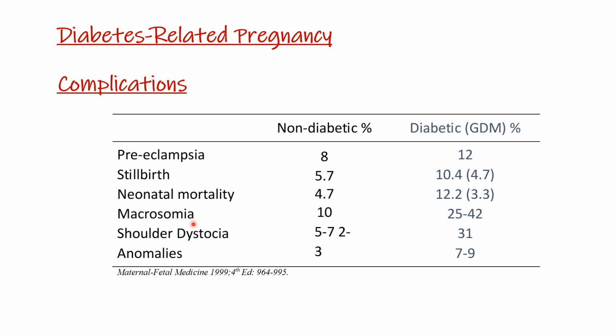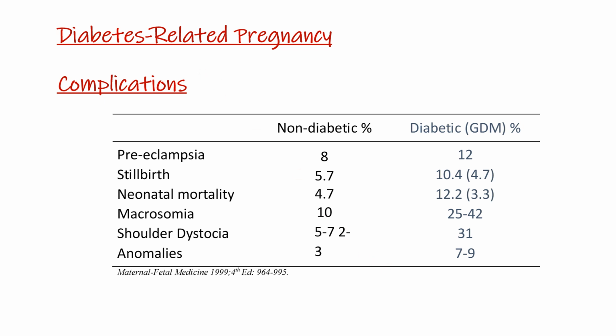So when you have hyperglycemia, it is distributed through the placenta into the fetus, meaning this fetus will grow and produce more insulin, which produces fats, meaning we'll have a big baby. Shoulder dystocia is a complication during labor, and then anomalies occur in 7 to 9%.